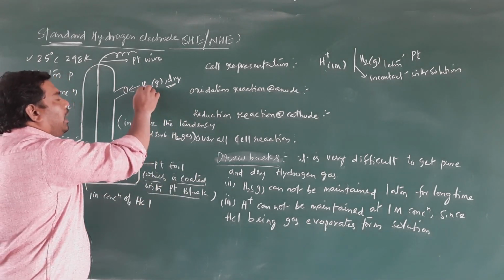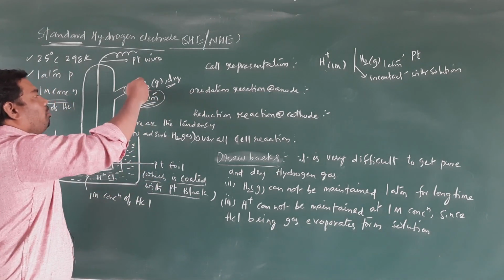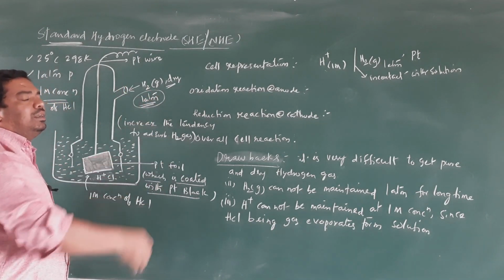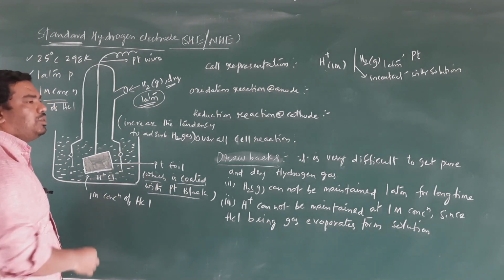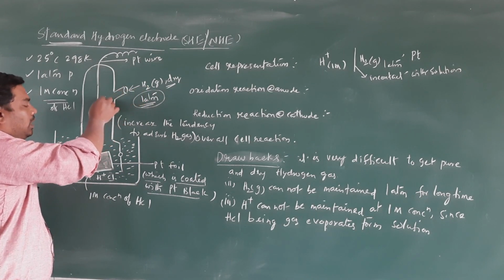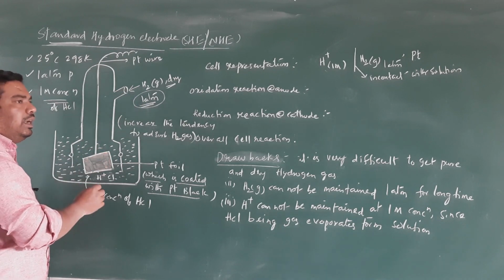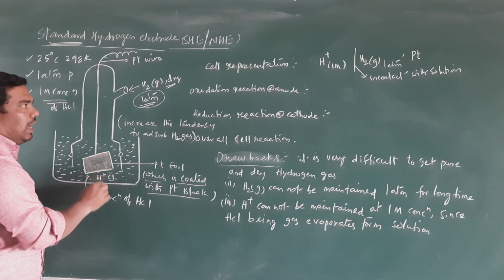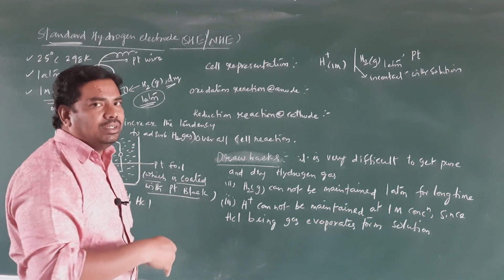It is the biggest task to get 1 atmosphere pressure of hydrogen gas. Hydrogen gas is bubbled over the platinum wire and enters the solution, and it liberates H plus ions.